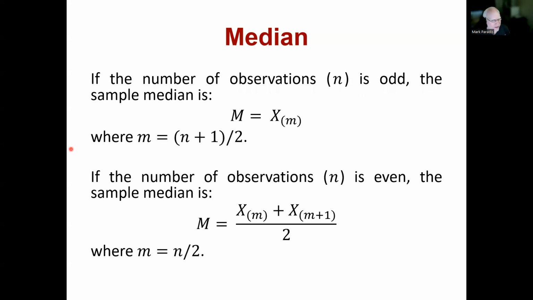Now, the way we calculate the median depends on whether we have an even or odd number of values. If the number of observations is odd, it's relatively simple. If it's small enough that you can put it in an easy list and look at it visually, it's the middle point. If there are 5 observations, it's the third one.